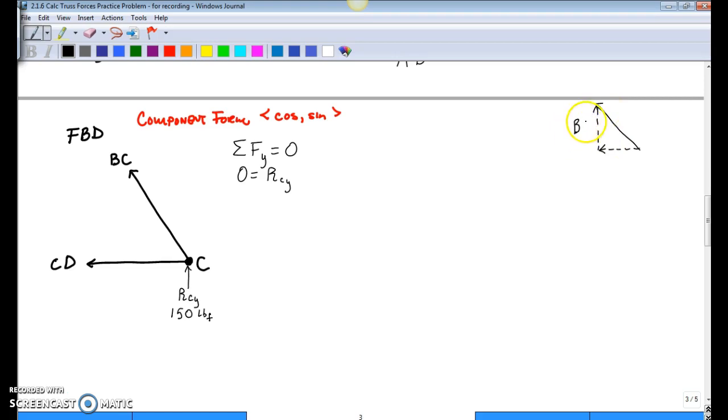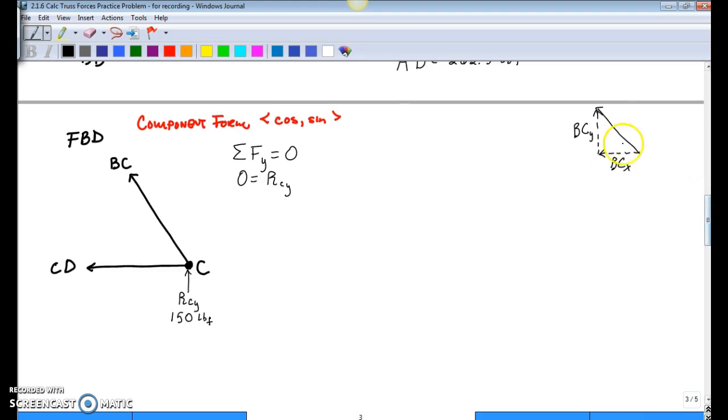This is BC in the Y direction, and BC in the X direction. We're not on to CD quite yet, too many unknowns. And then our angle was 29.745 degrees. So the hypotenuse is the magnitude of member BC.